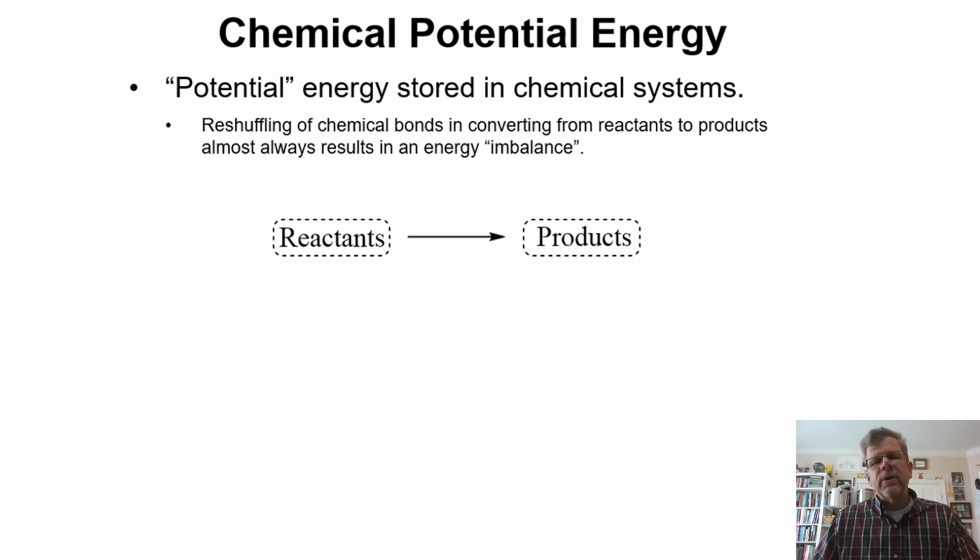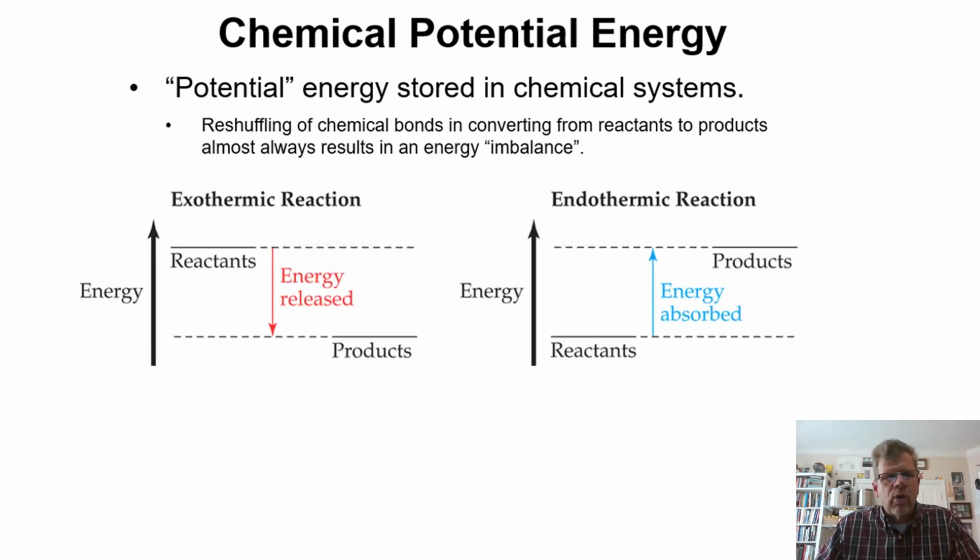Now, the way we typically look at this is through a two-dimensional scape known as a reaction coordinate. If we look at the structure over here on the left, on the y-axis we have an energy axis. It's an arbitrary energy axis. The higher we go, the higher the potential energy contained within the bond structure of reactants or products.